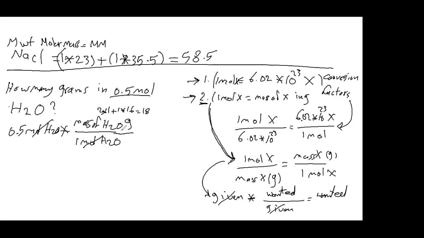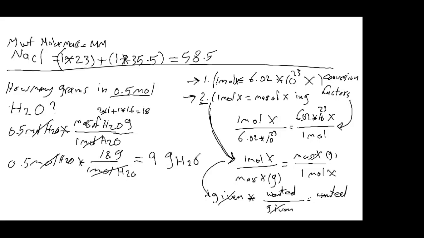So here I will have 18 grams. So it will be 0.5 mole H2O times 18 grams of water divided by 1 mole H2O. Cancel mole H2O with mole H2O. Do the math: 0.5 times 18 gives us 9 grams. So this is the mass of the water in 0.5 mole.